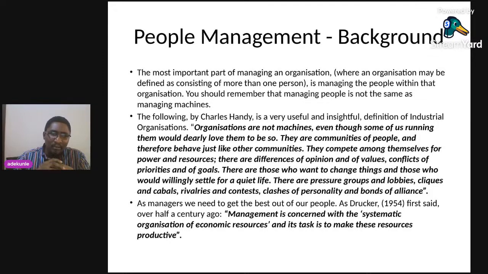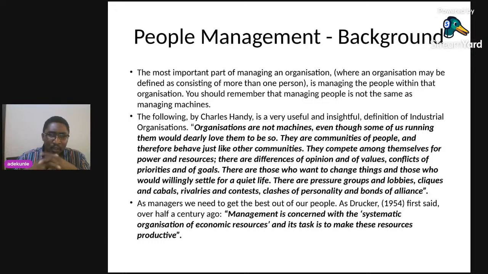So within the organization, people will want to compete among themselves for power, resources, fame, and the rest. There are different opinions, and from where they come from, they have different values, and conflicts of priorities and goals that they came into the organization with.